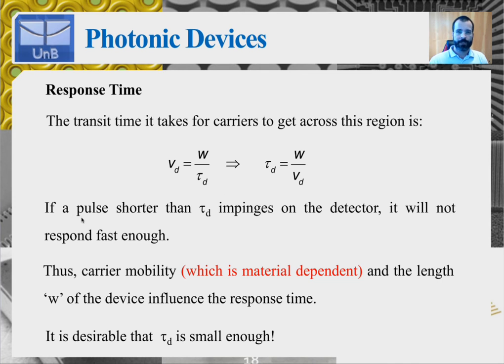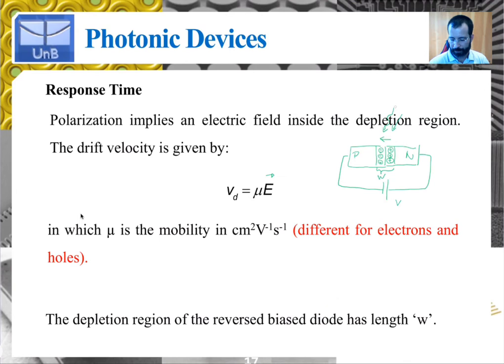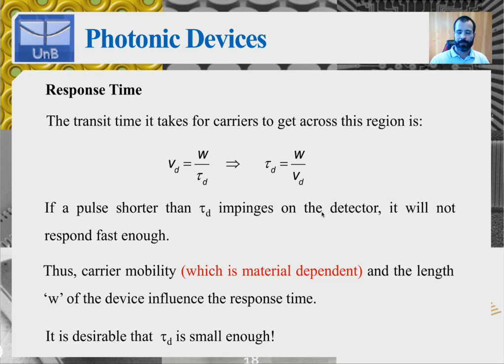So let's consider that the detector is detecting a pulsed light beam, so optical pulses. If an optical pulse has a time duration that is shorter than tau d and it impinges on the detector, it will not respond fast enough as we expect.